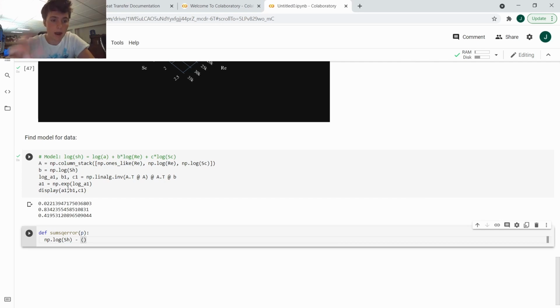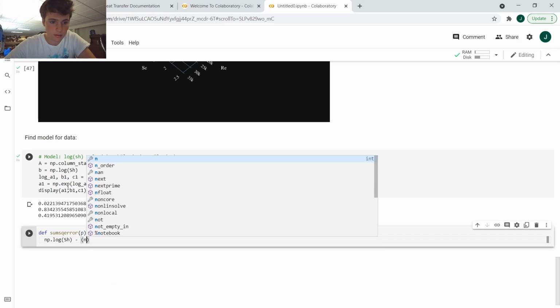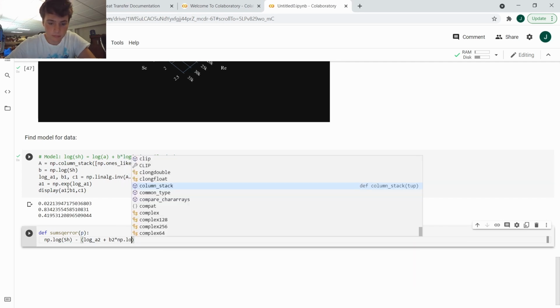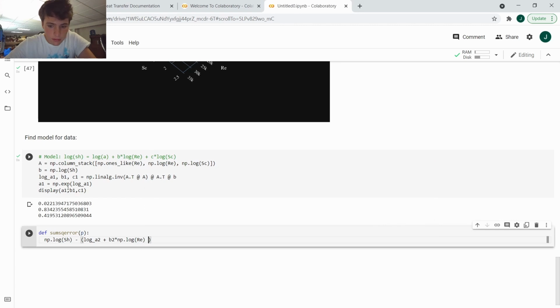So our model is just the log of A2, plus B2 multiplied by the log of our Reynolds number, plus C2 multiplied by the log of our Schmidt number.